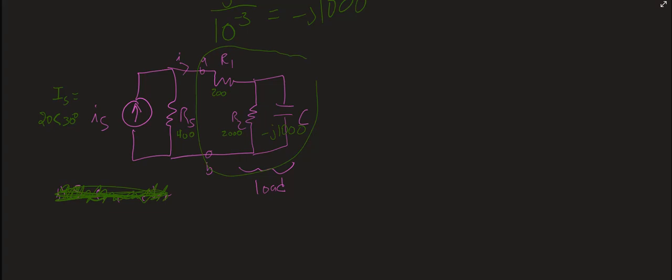All right, so my impedance of my load is R1 plus R2 in parallel with C. So that is going to be 200 plus 2,000 times minus J 1,000 over 2,000 minus J 1,000.